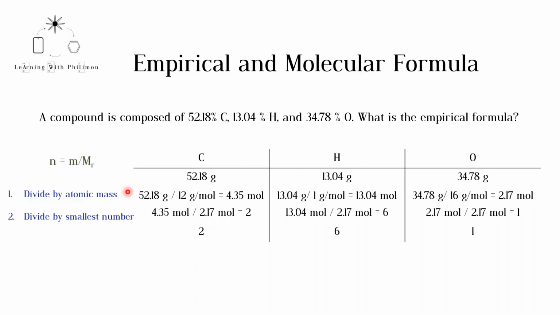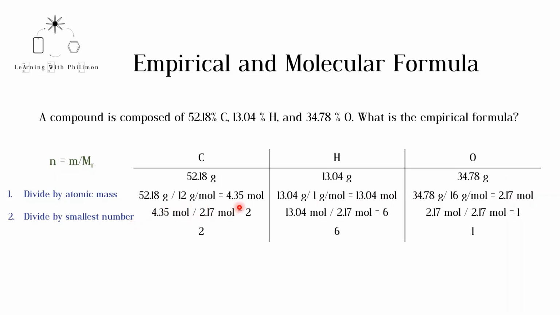Remember that the number of moles is equal to mass divided by molar mass. This gives us the moles of each element. Note that it is advised to keep more significant figures or more decimal places in your answers so that your result is accurate.